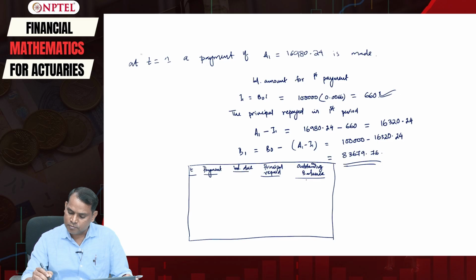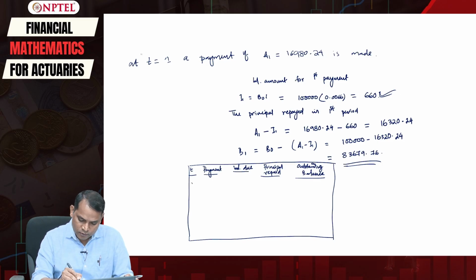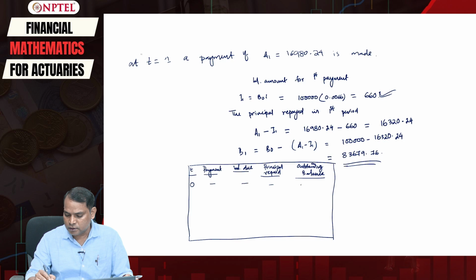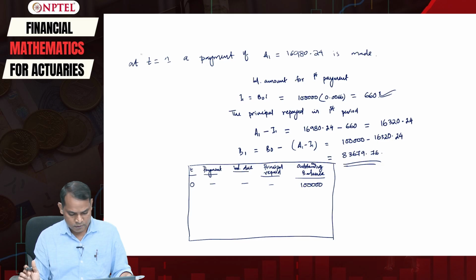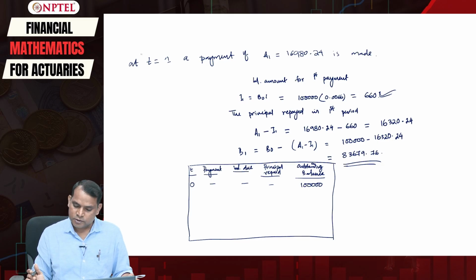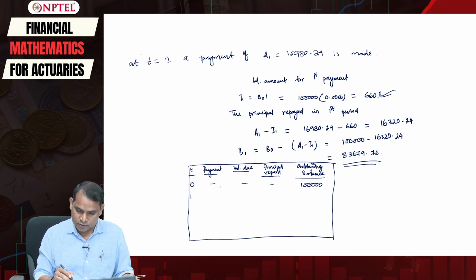Now, initial amount at time 0 we have nothing, and then we have 1 lakh rupees. And what is the first payment? The first payment we have computed as 16,980.24.